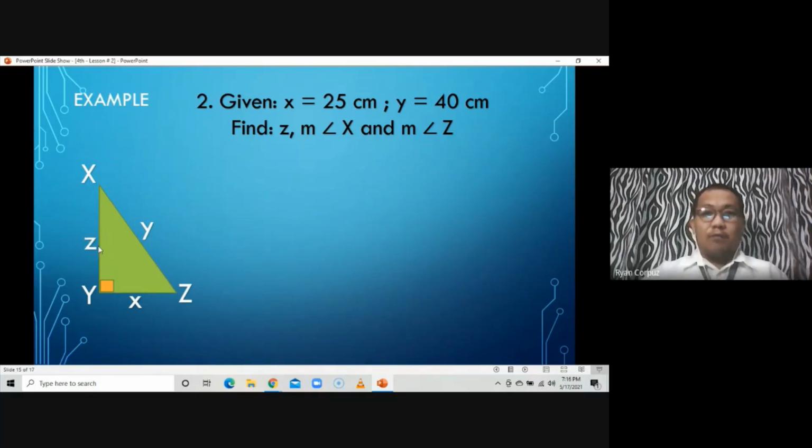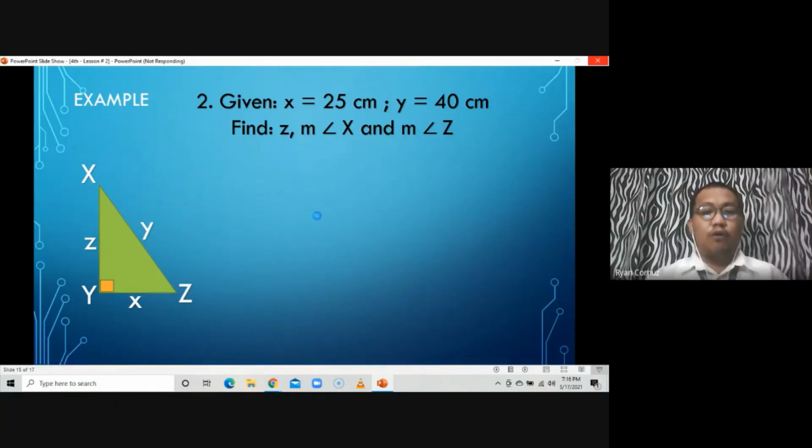So di ba, we come up also with the formula if the leg is what we are looking for. That is just by simply the leg that we are looking for is equal to the square root of the square of the hypotenuse minus the square of the other leg. So, medyo papalitan na rin natin instead of using A, B, and C, we're going to make use of X, Y, and Z here because that is the given variable in this given triangle. So, Z is what we are looking for.